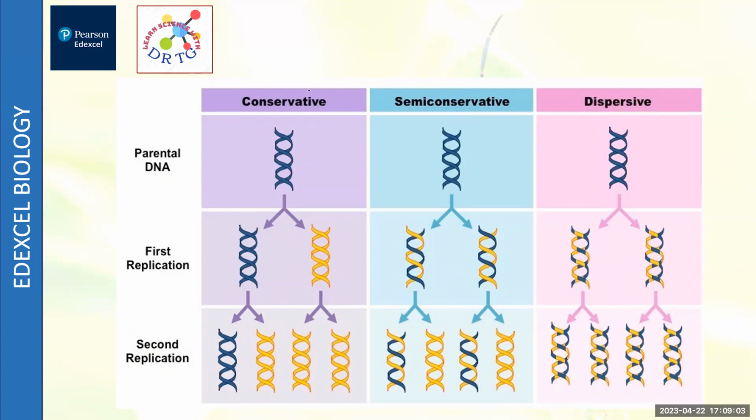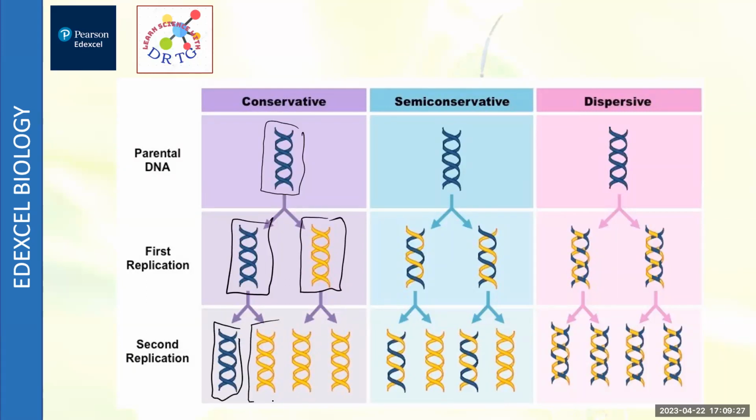In the conservative method, scientists proposed the old strand remains like this. Here, this is the old strand, and the old strand makes a copy, a new copy is formed, and the old strand stays like this. And again the old makes a new one.